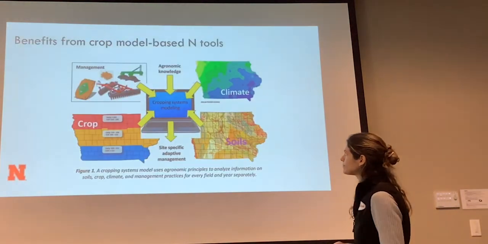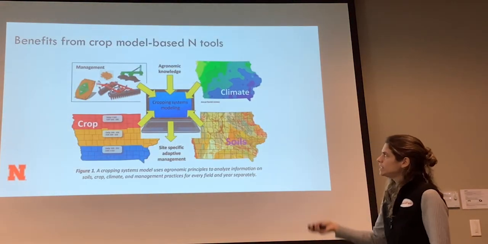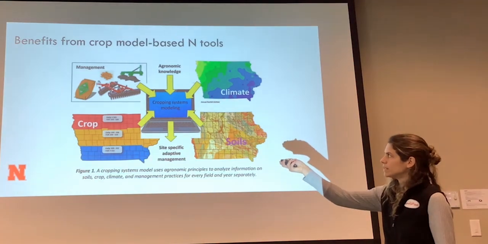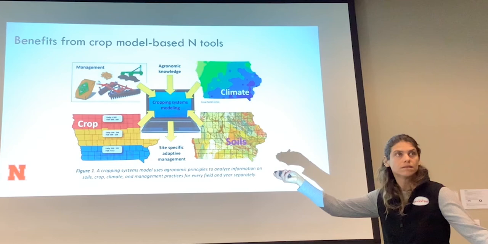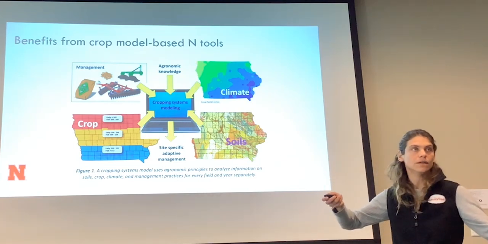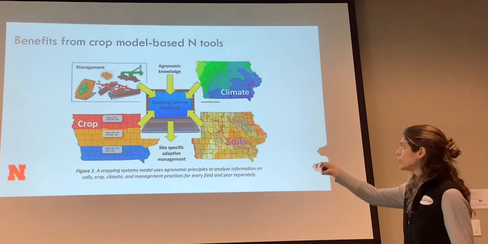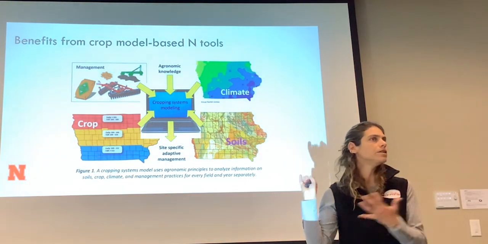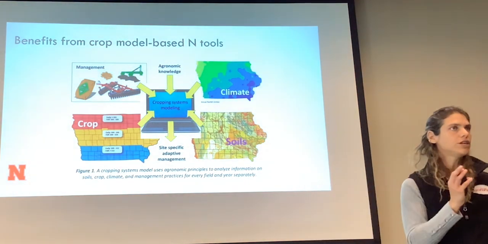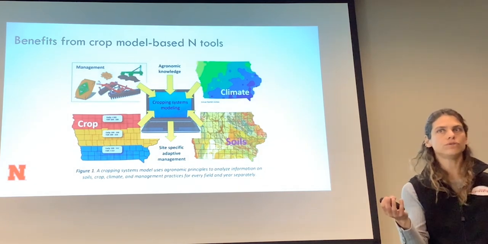Not in detail, but they incorporate management, they incorporate my crop, and importantly genetics, what maturity group I'm using. All the soil information, and climate in high resolution. Right now, these models are independent of your weather station. They have gridded, high-resolution weather.